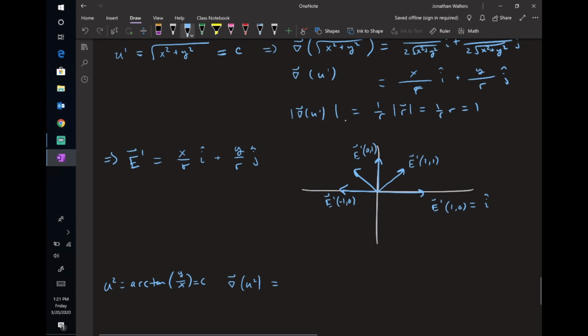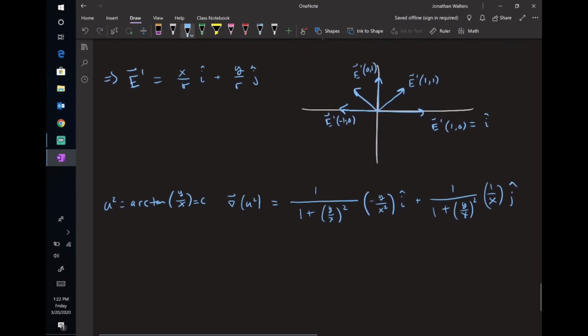So that's going to be 1 over 1 plus (y over x) squared times the derivative of y over x with respect to x, which is negative y over x squared, i. So that's the x component of the gradient. Plus, almost the same thing, 1 over 1 plus (y over x) squared times 1 over x, right, the chain rule, j. So that's the gradient of arctan y over x.